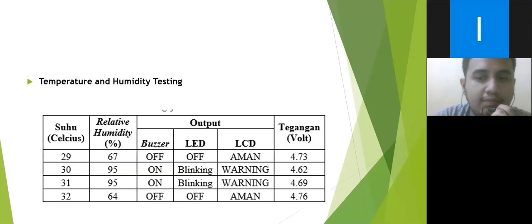Otherwise, when the temperature is 31 and relative humidity 95%, the buzzer is on, the LED is blinking, and the LCD indicates a warning. And the resulting voltage is 4.669.